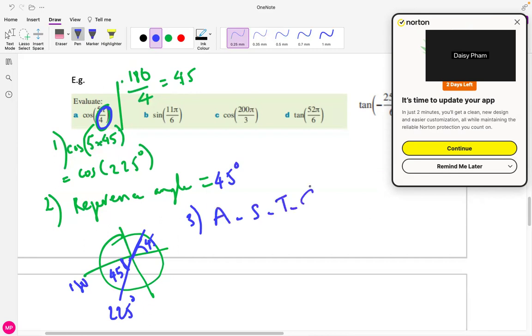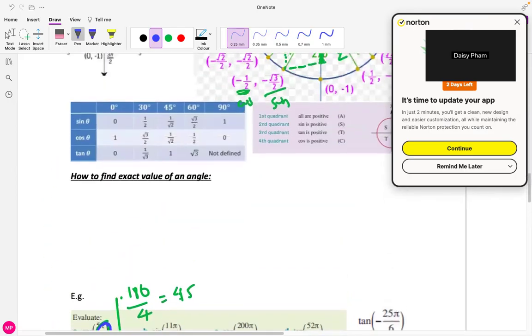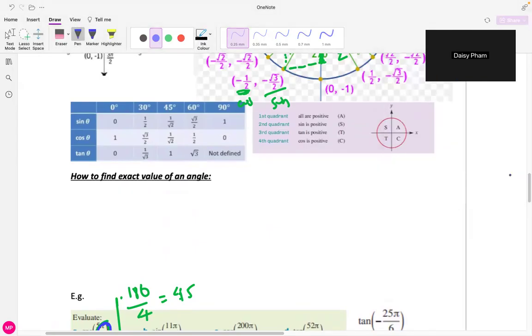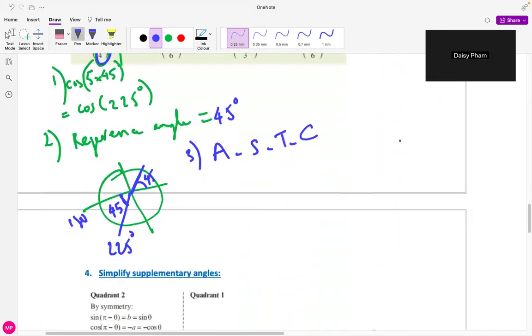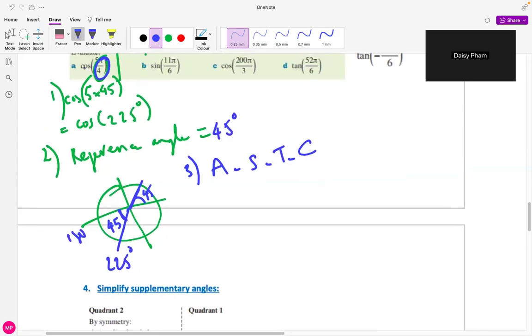Okay, that's quicker. Now, step 3 is you're going to use ASTC: all positive in the first quadrant, only sin positive in the second quadrant, only tan positive in the third quadrant, and only cos positive in the fourth quadrant. If you're confident, you don't have to use that. If you know in this quadrant cos is positive or negative.